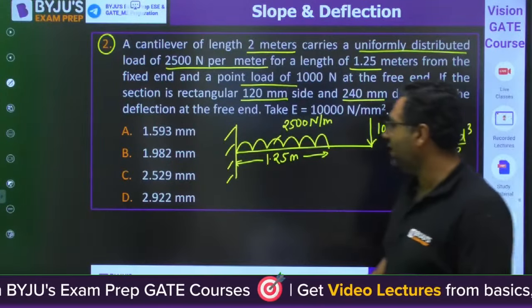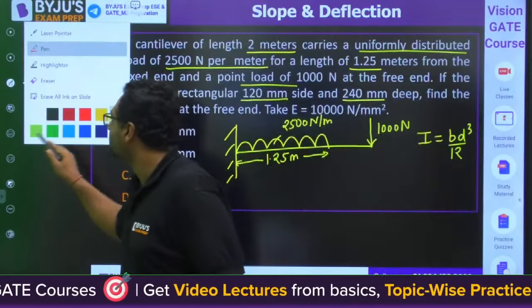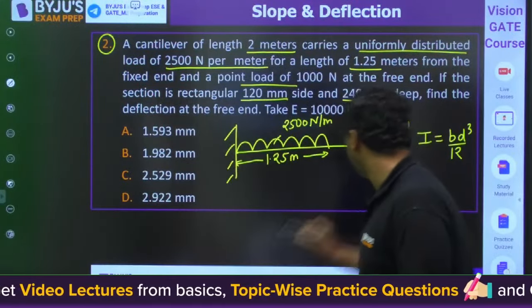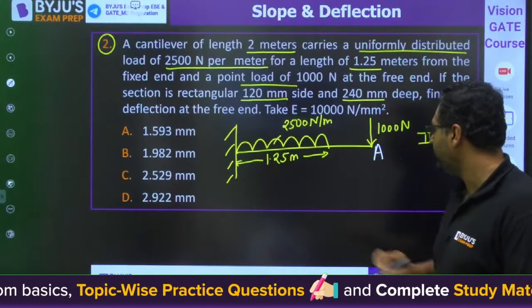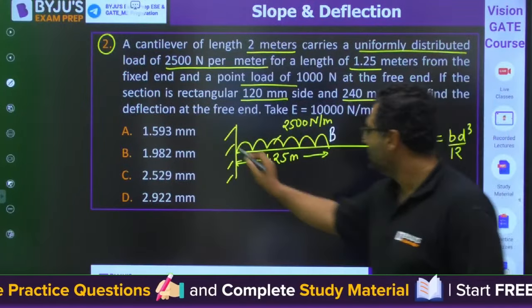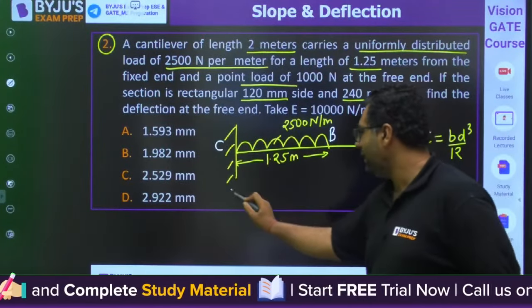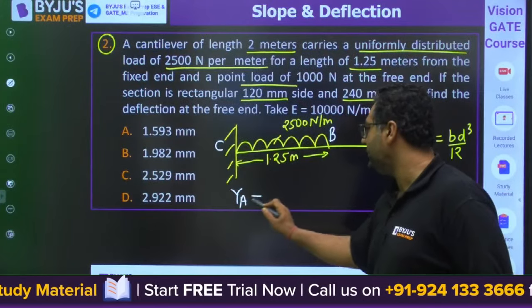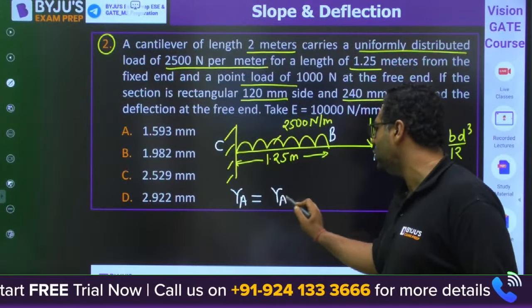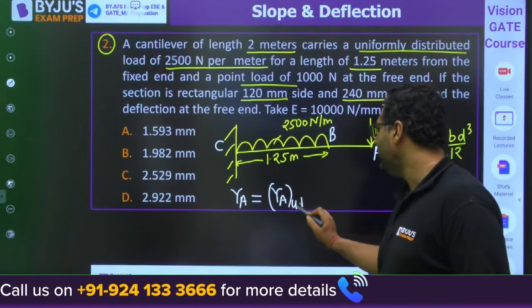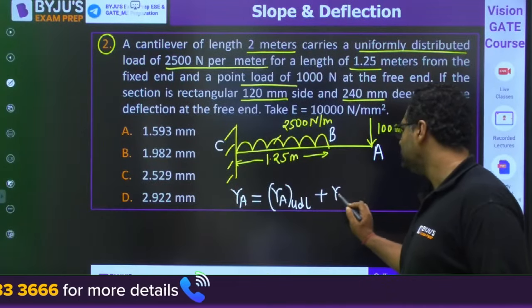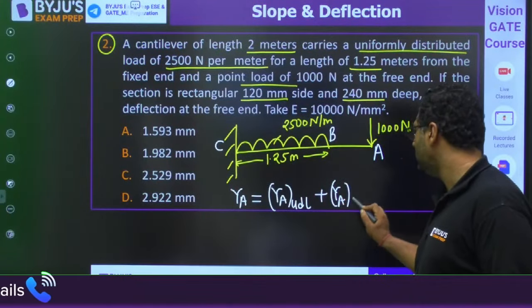They are asking you the deflection of the free end. We need to find the deflection of A. This is B. This is C. So my dear, deflection of A by principle of superposition will come because of UDL plus because of the point load.